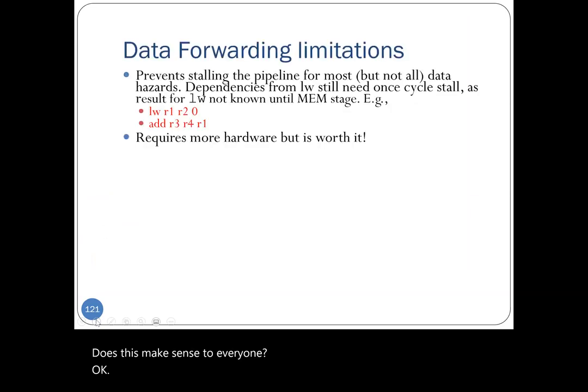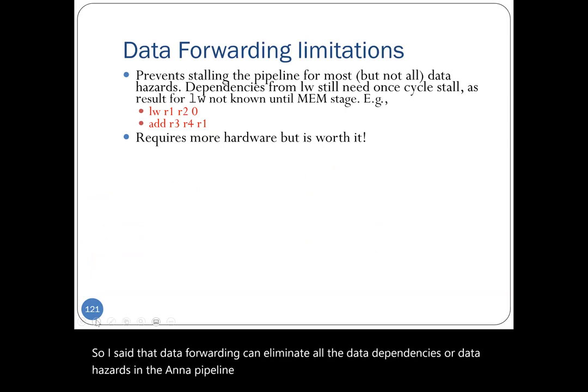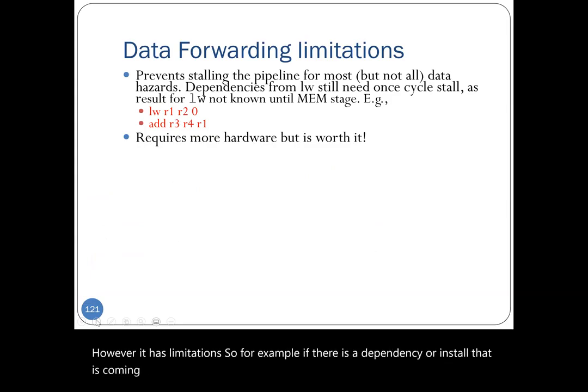So I said that data forwarding can eliminate all the data dependencies or data hazards in the ALU pipeline between arithmetic and logic instructions. However, it has limitations. For example, if there is a dependency or a stall that is coming from a load word instruction, a memory instruction, that cannot be eliminated completely by data forwarding.